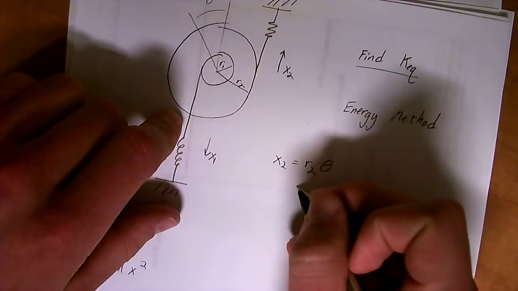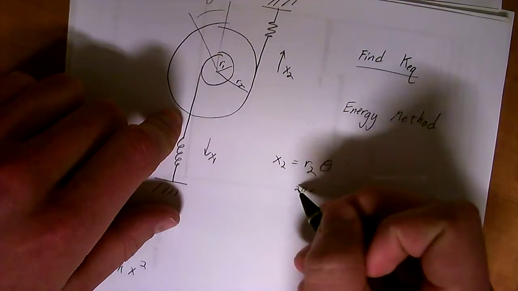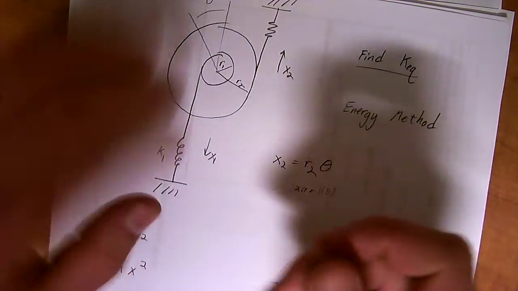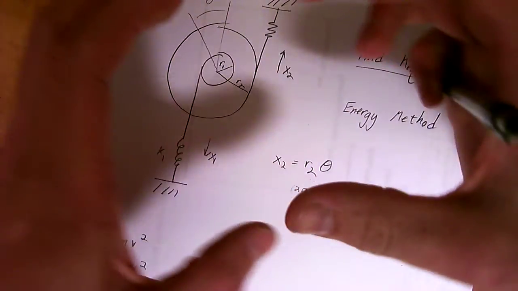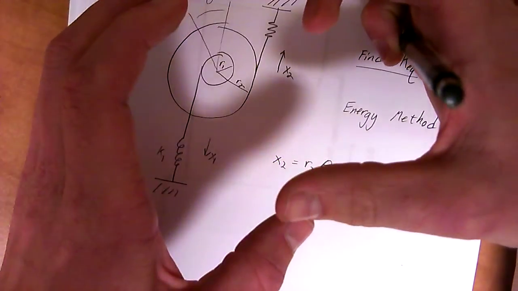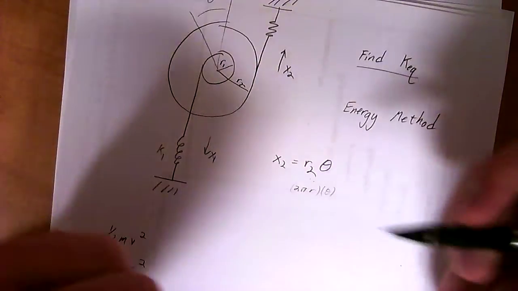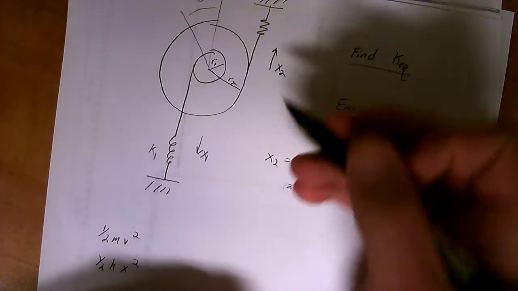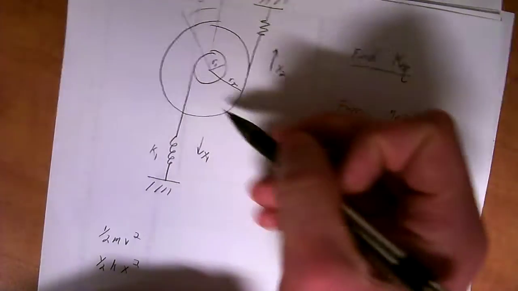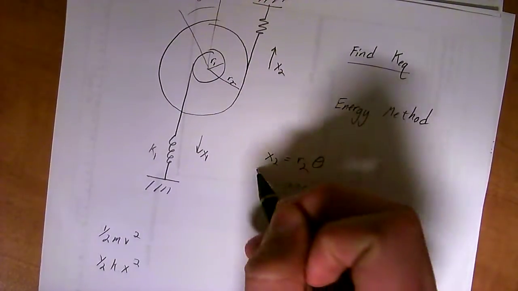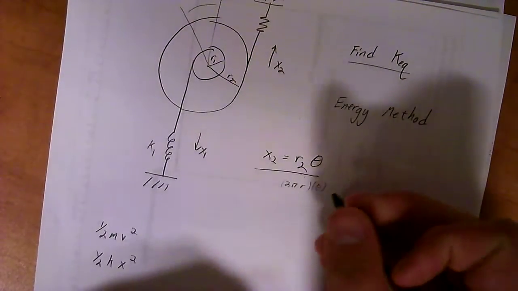If it was in degrees, it would be something along the lines of 2 pi r, the circumference, times theta in degrees, so that whatever fraction of the circumference you turn, that's how far this x will go. However much of the circumference you basically unwind from that circle. But since we're in radians, this is the basic equation for it.